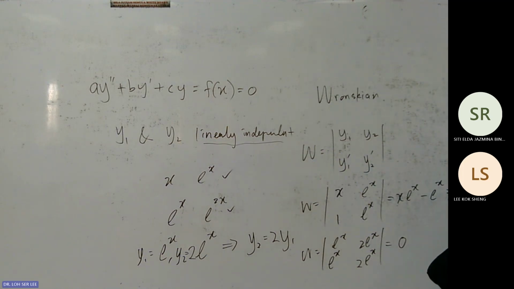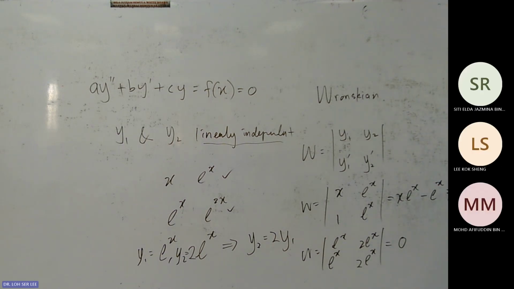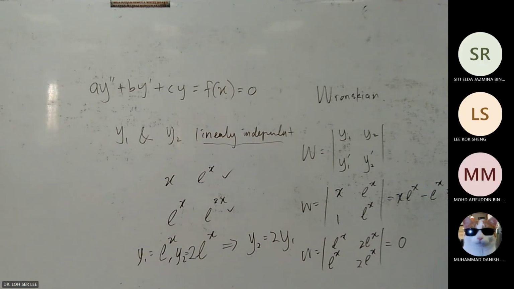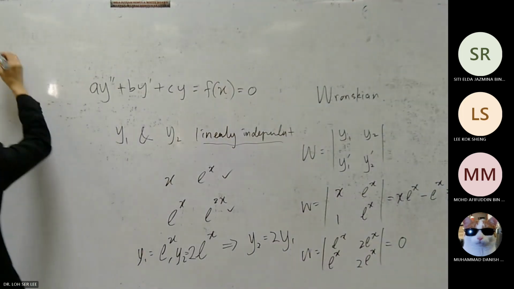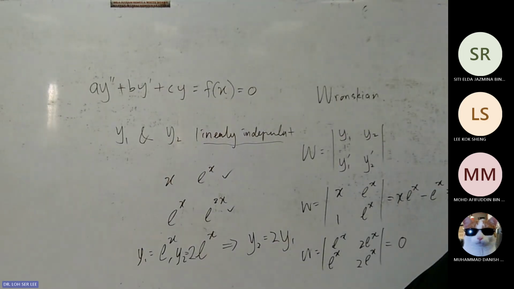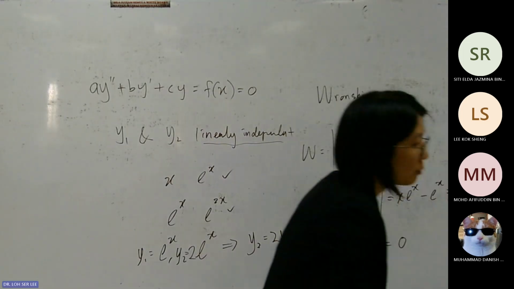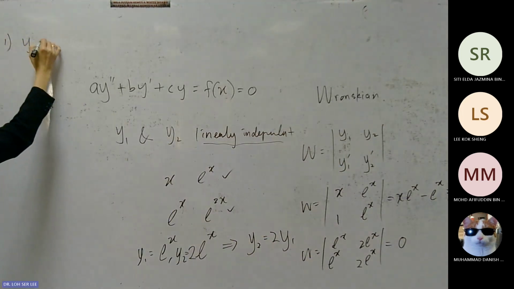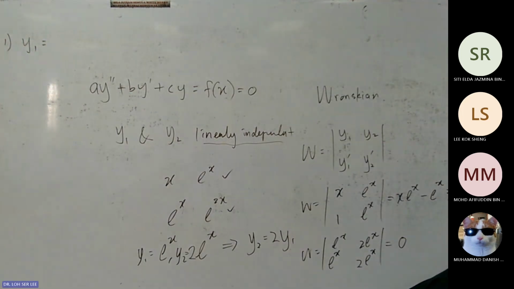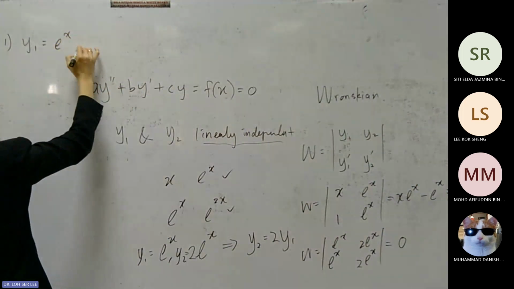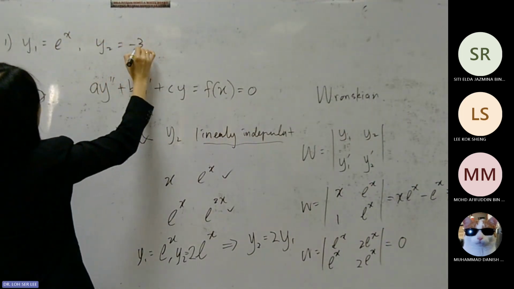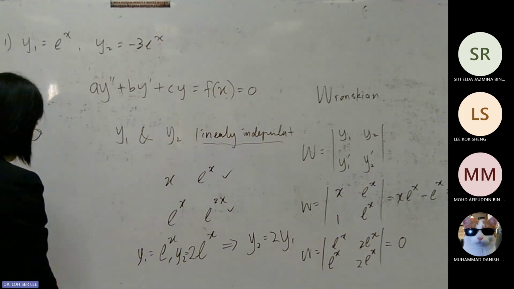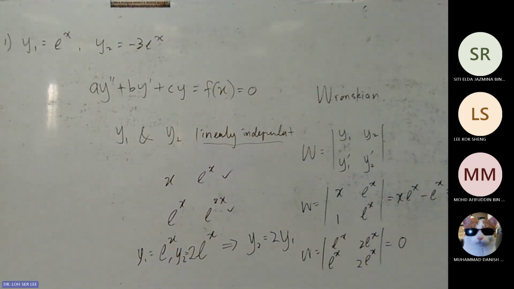So there are some exercises when we try to get the Wronskian function. Question number 1: e^x and negative 3e^x.